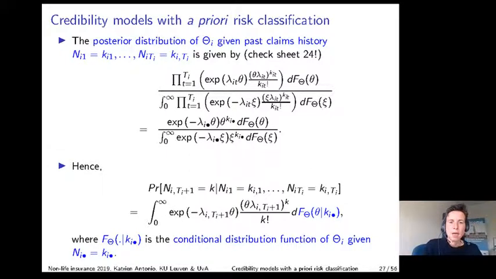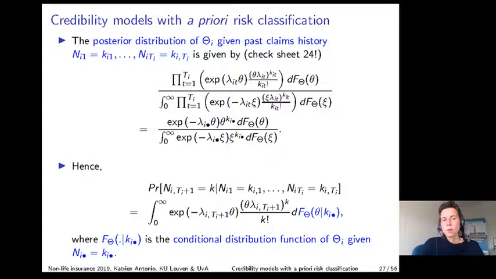Recall that lambda_i,t_i+1 is the a priori expected number of claims for policyholder I in time period t_i+1. It is the risk assessment made for this policyholder in the next time period, when only a priori characteristics would be taken into account.